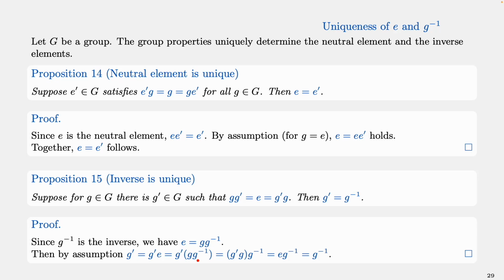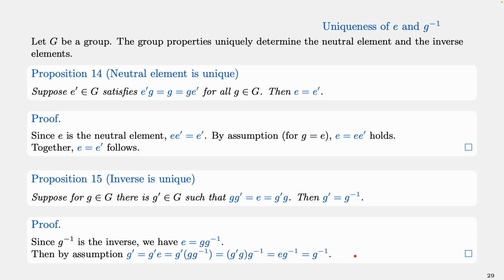Now we use the associativity to write this as parenthesis G prime times G, times G inverse. Now we use the assumption that G prime times G is equal to E. So we replace this by the neutral element. But neutral element times G inverse is just G inverse, and we find that overall G prime equals G inverse.